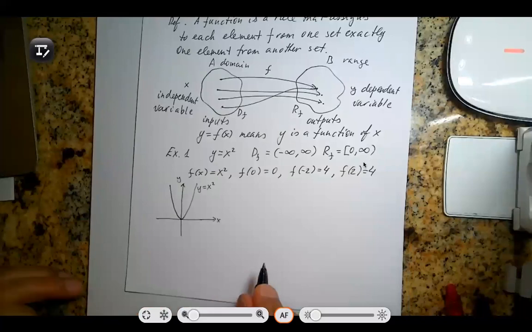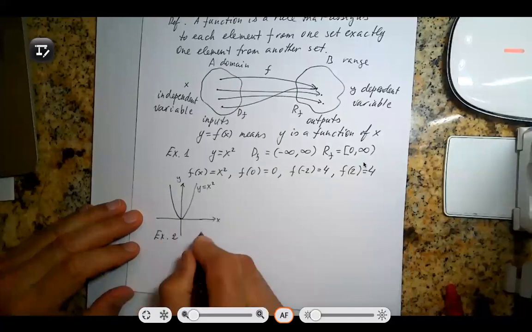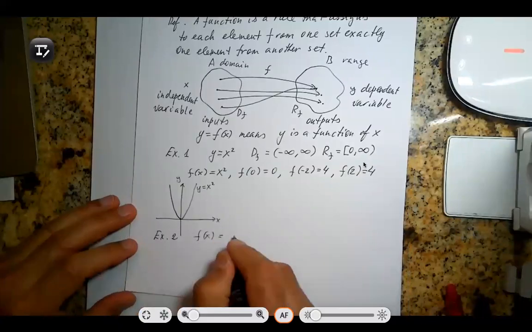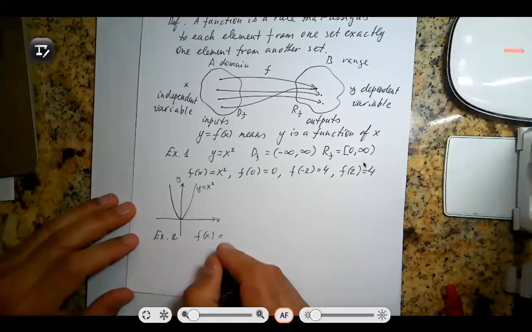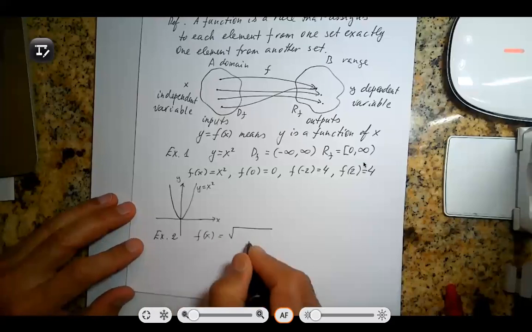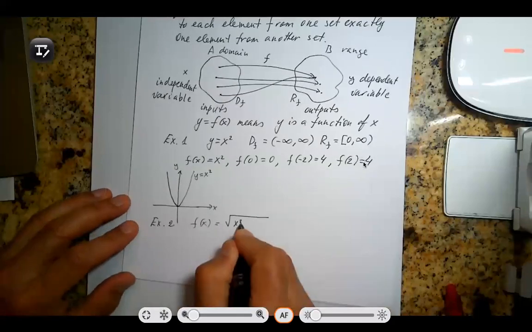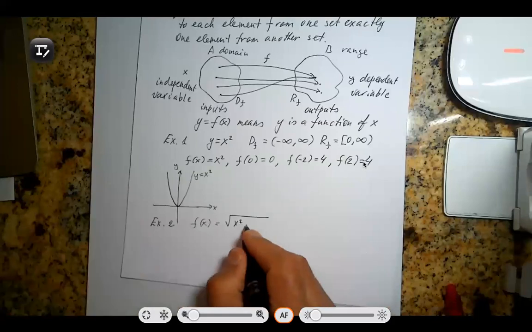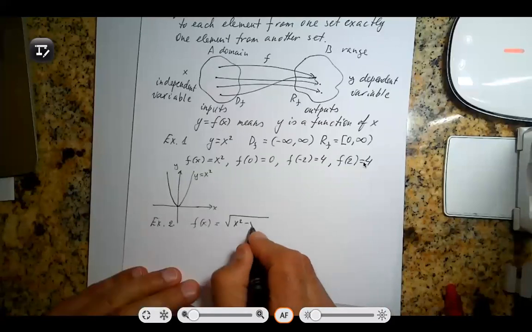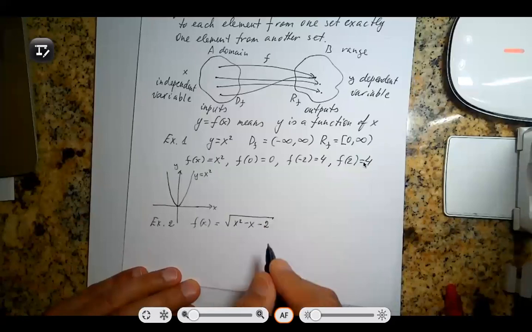So here's another example. F of x equals the square root of x squared minus x minus 2.